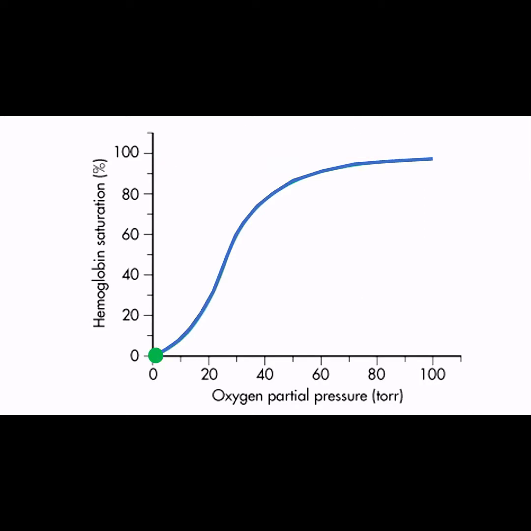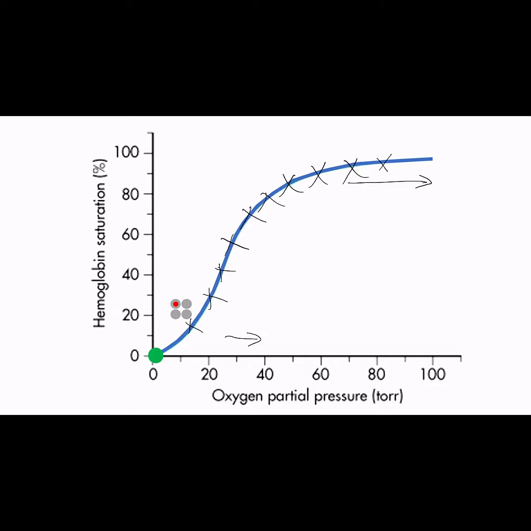Let's talk a bit about this curve in a bit more depth. One of the striking things about this curve is that it's not linear, it's sigmoidal. And what you can see is that as the partial pressure of oxygen increases, there is a much steeper rise in the amount of haemoglobin that's saturated until we get to a plateau. And the reason behind this is cooperativity.